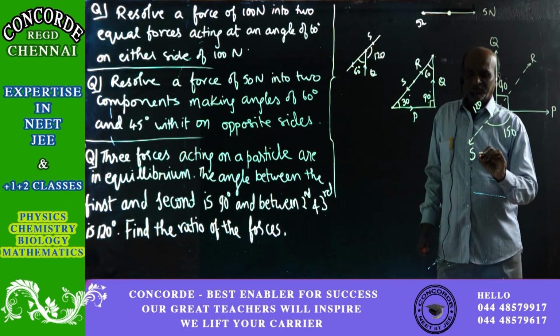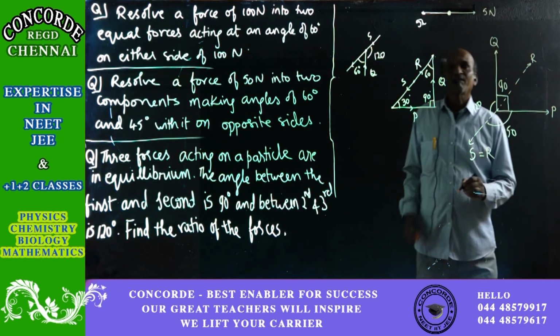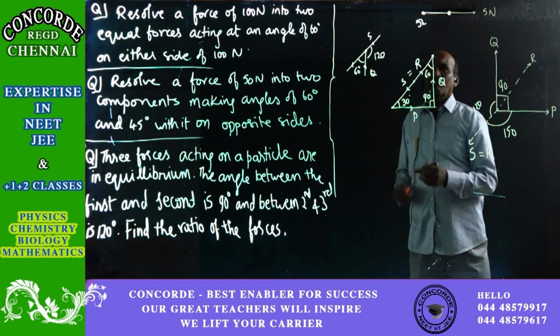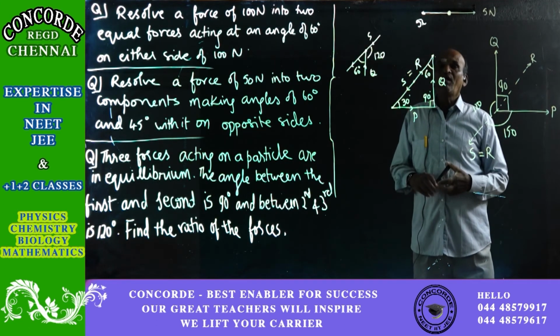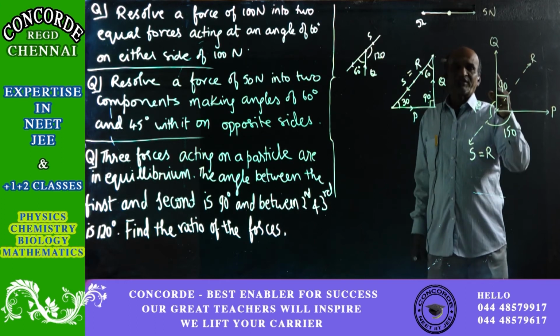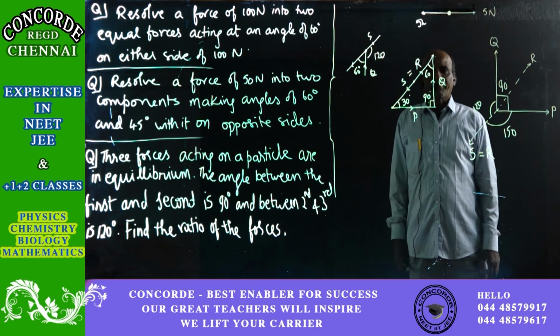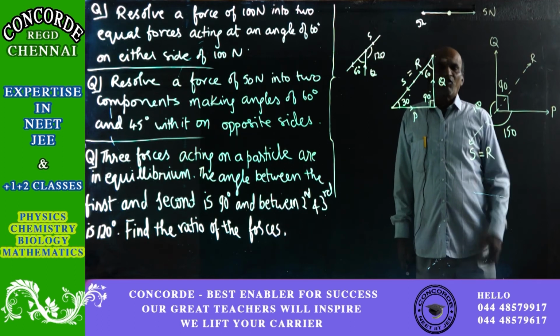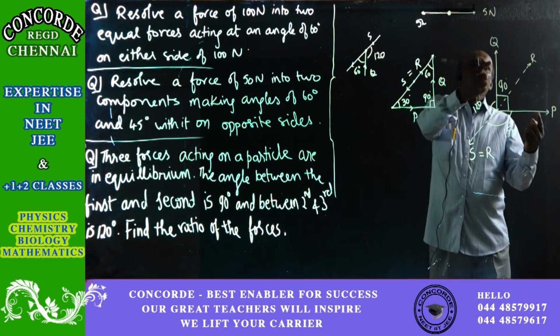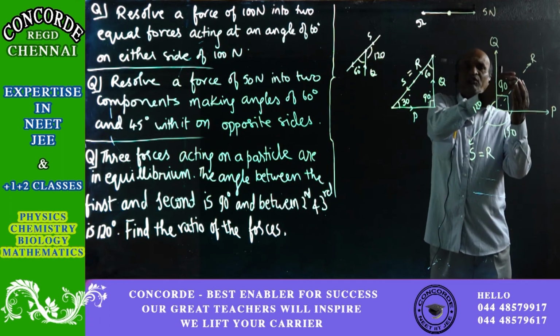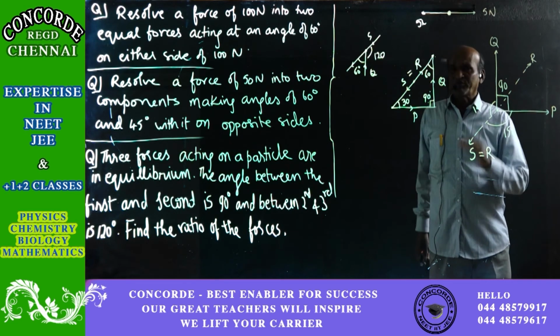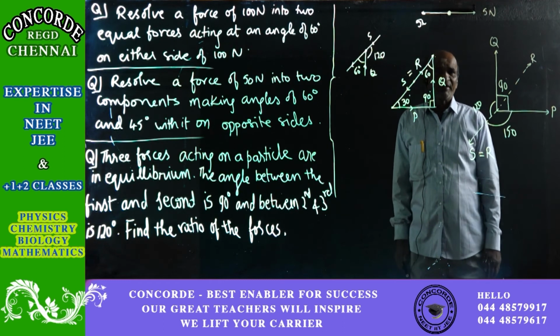So this third force is equal to R. Now, in this manner, we can show three forces which are keeping the body in equilibrium. How we can say it is that equivalent of P and Q, whatever it is, exactly opposite of that, when you show the third force, body will be in equilibrium.